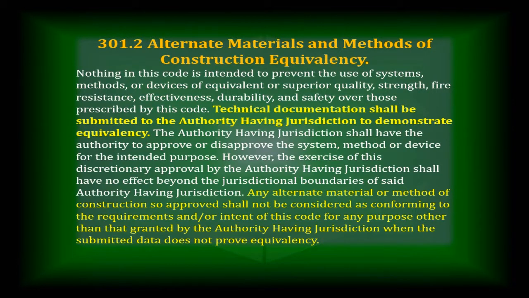Very similar to what we just talked about in the prior section, right? Any alternate method or materials used for construction and deemed as conforming to local jurisdictional requirements does not necessarily mean that it meets code. It means it meets the expectations of the authority having jurisdiction that put eyeballs on it.